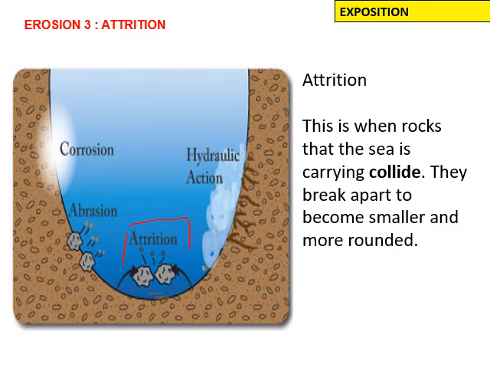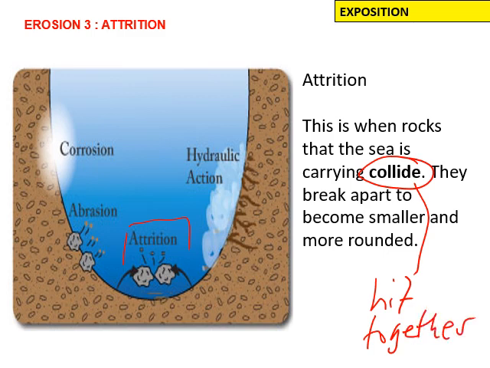We've got 2 rocks, and if you notice what they're doing, they're actually colliding with each other. So collide means hit against, hit together, rub together, bash together. That is when rocks collide with each other and they break each other down. So this time we're not attached to the cliff itself, but rocks are breaking each other down. So hydraulic action is when the water hits the cliff and forces air into cracks, breaking the rock apart.